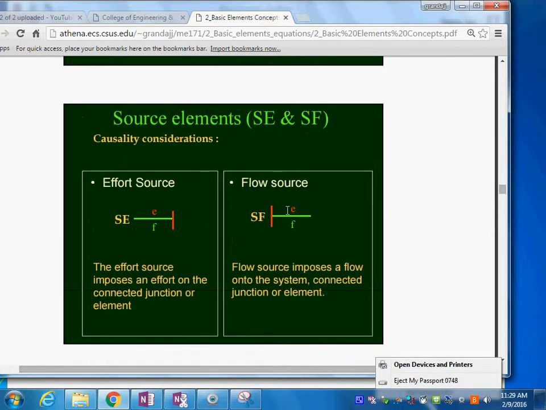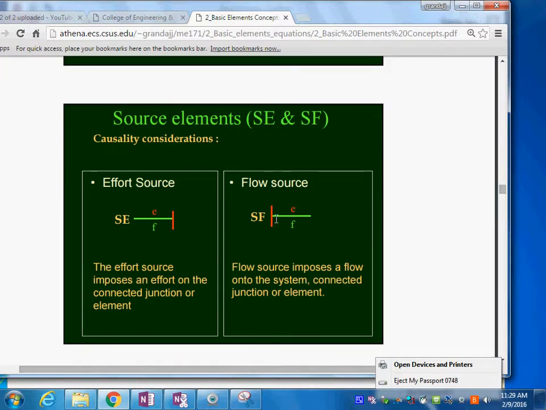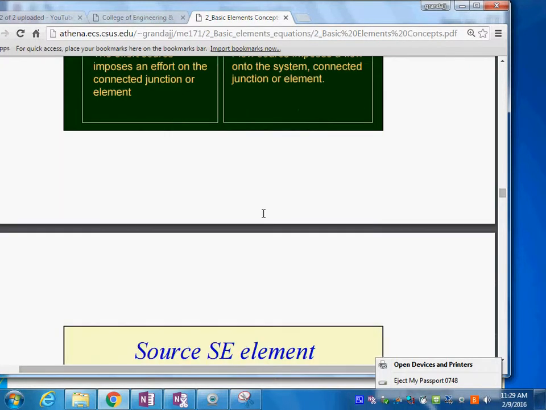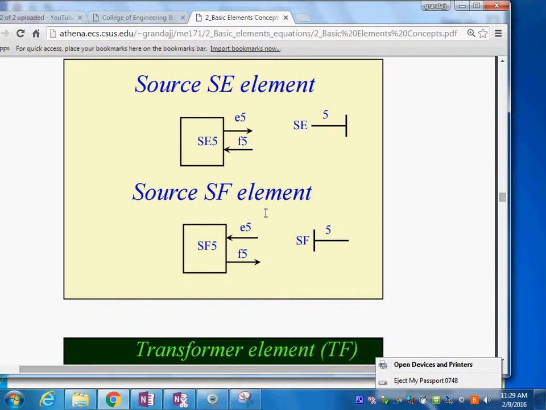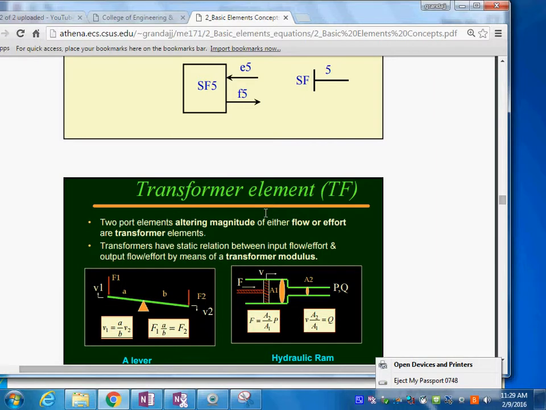In the transformer element, you could see on the left-hand side there is this bar that has two forces on the side, and depending on which acts when, the system will move. The one on the right-hand side is another good example of a transformer, because of the amount of energy released over here.